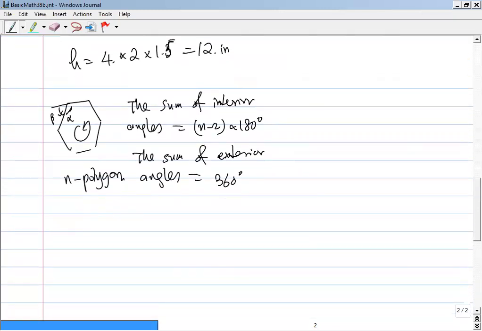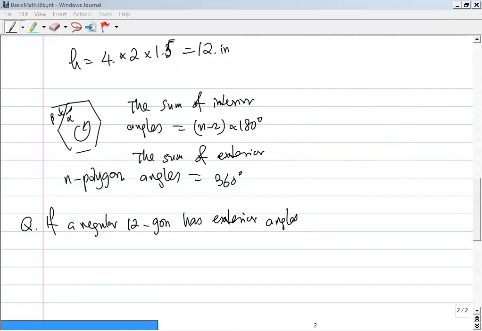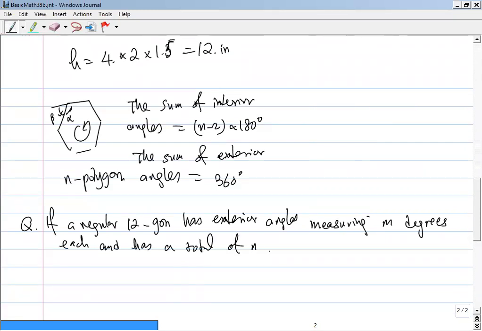So here's a question. If a regular 12-gon has exterior angles measuring m degrees each, and has a total of n diagonals, what is the value of m plus n?